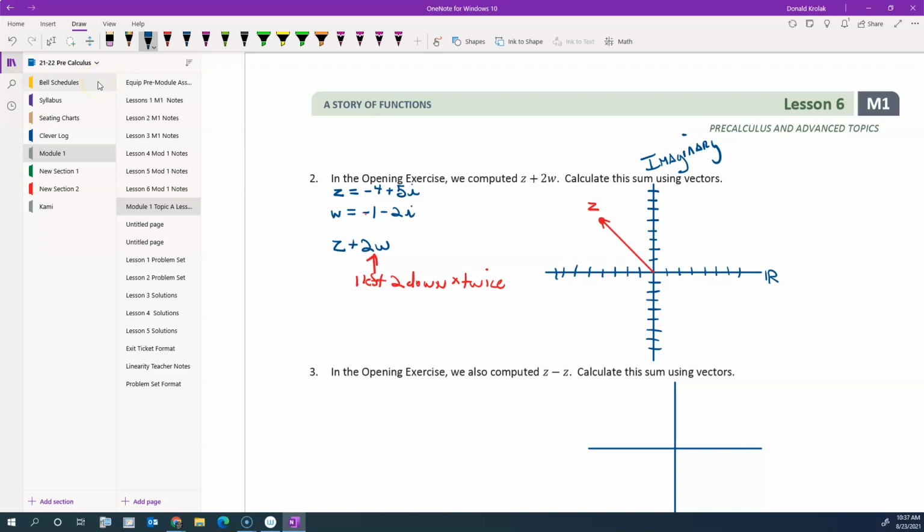Let's make sure I got this right. 1 left puts me at 5, and then 2 down, 1, 2. Okay, so there's one w. And then I do it again. 1 left, 1, 2.